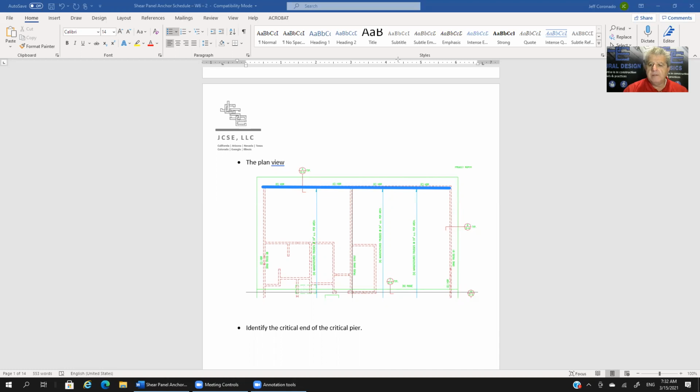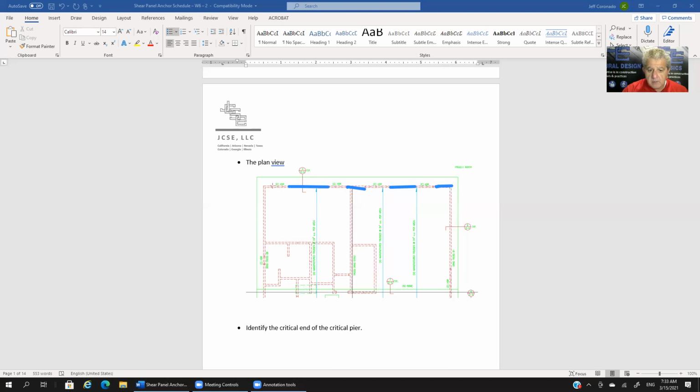Now that we've identified the shear wall line, let's look at the piers that we have within that shear wall line. So the piers of the shear wall would be this line segment, this line segment, this line segment, and this line segment. Let me show you in yellow.